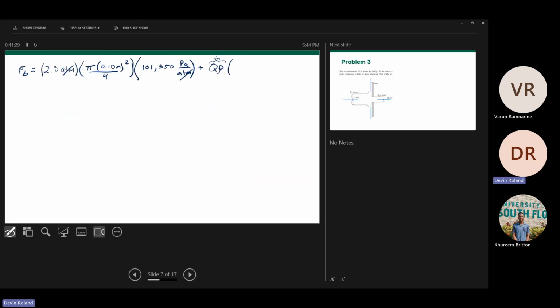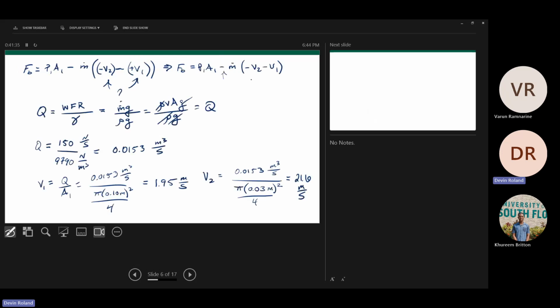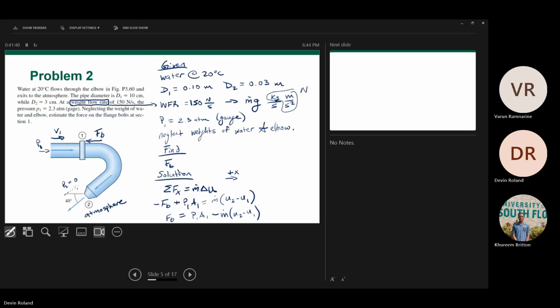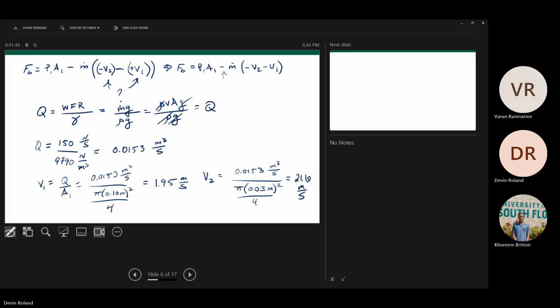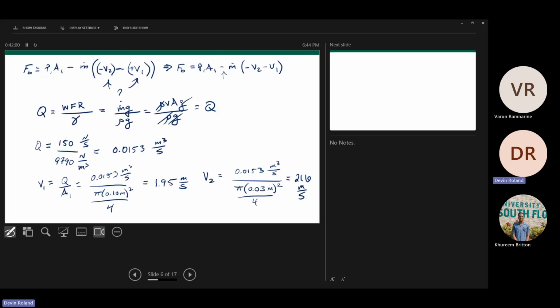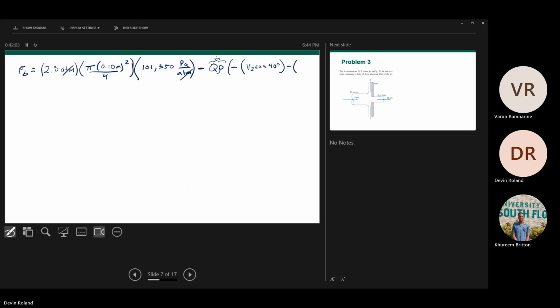So we know that we have a negative here from this equation. There's a negative right here, so then we have negative V2. V2, the horizontal component, is going to be cosine of 40 degrees times that. So this is V2 cosine 40 degrees minus V1, which was 1.95 meters per second.